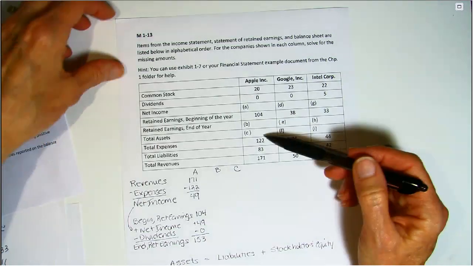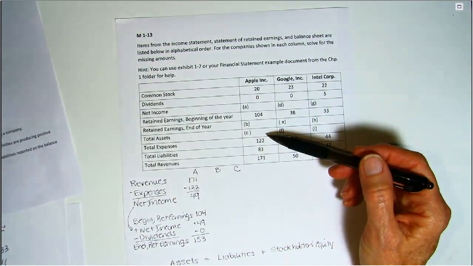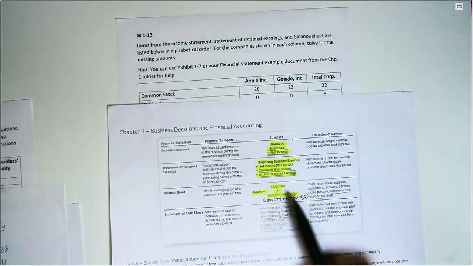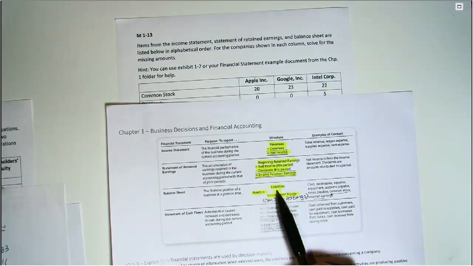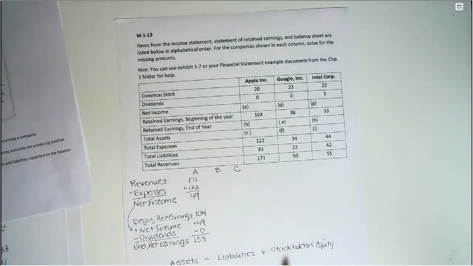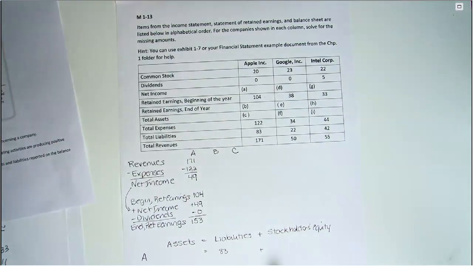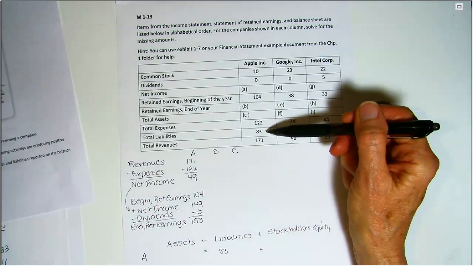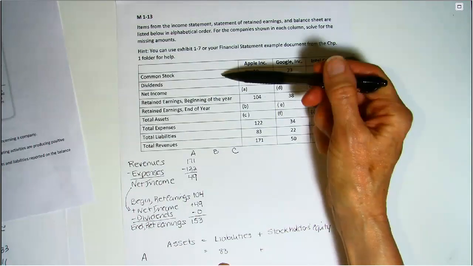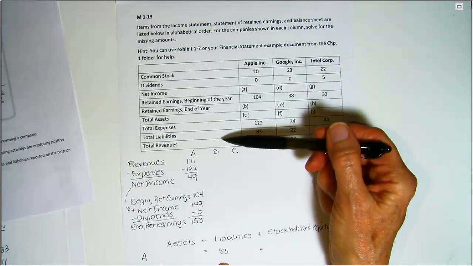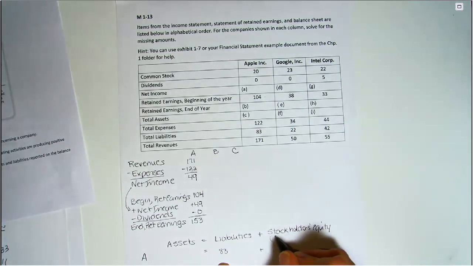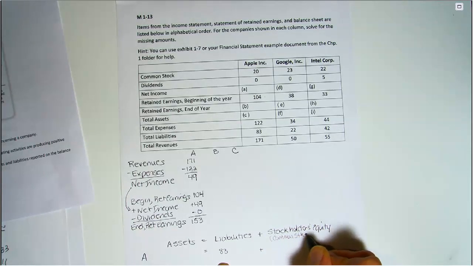And finally, in item C, they want us to calculate total assets. So we take a look at our balance sheet, and our formula is assets equal liabilities plus stockholders' equity. So I've put that formula there, and let's fill it in. Liabilities are 83, and there is no stockholders' equity total, but we know stockholders' equity has two parts, right? Common stock and retained earnings.